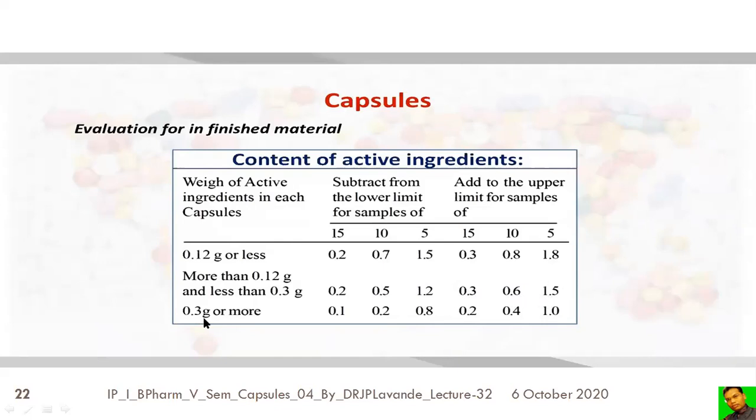If the value is 0.3 gram or more, then if the number of capsules is 15, the lower limit is 0.1% and the higher is 0.2%. If the number of capsules is 10, the lower is 0.2% and the higher is 0.4%. If the number of capsules is 5, the lower is 0.8% and the higher is 1%.